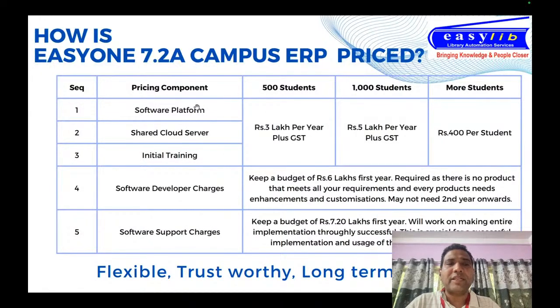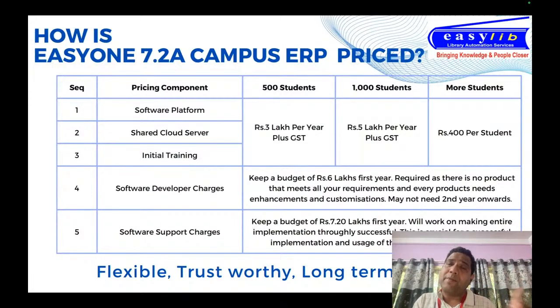So only these three are required: software platform, shared cloud server, and some of the handholding and training provided by the Easylib team on using the campus ERP. That will be about 5 lakh rupees per year plus GST. Okay, that's about 6 lakh rupees including GST. Hardly about 600 rupees it's costing per student.